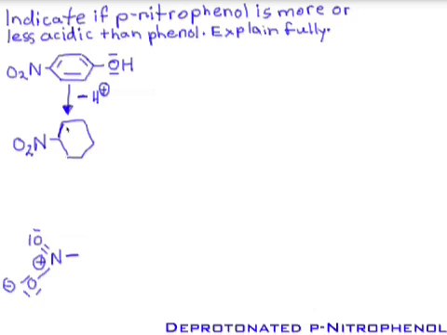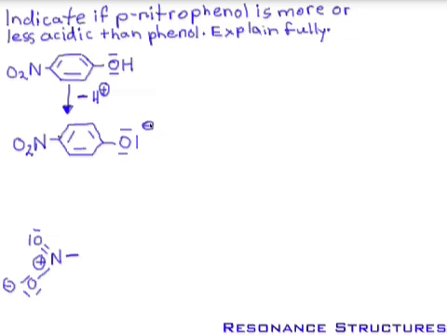Boy, that's a bad ring. Let's try that again. So here's my aromatic ring, and I've deprotonated. I have phenoxide. Now, we learned last time that phenol is more acidic than alcohols because it can resonance stabilize this negative charge around the ring. And so that's what I'll start doing.